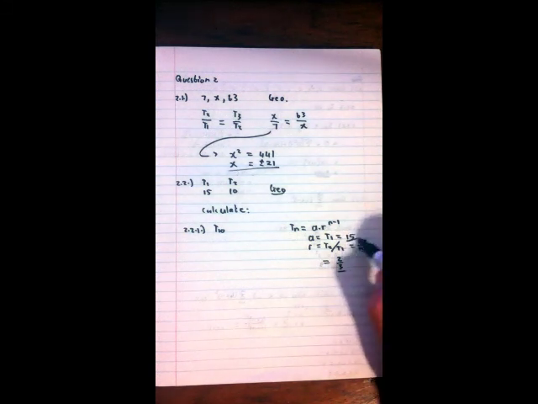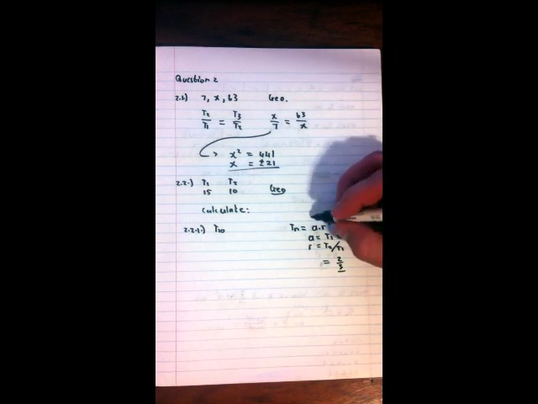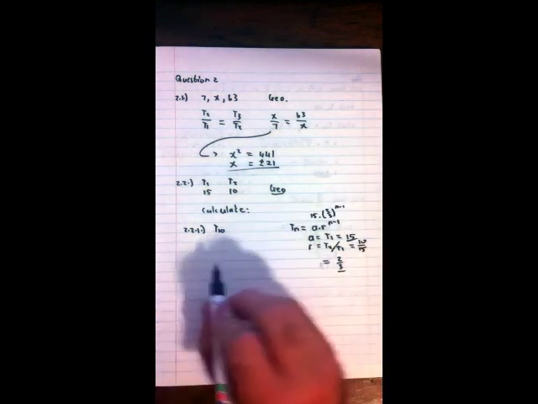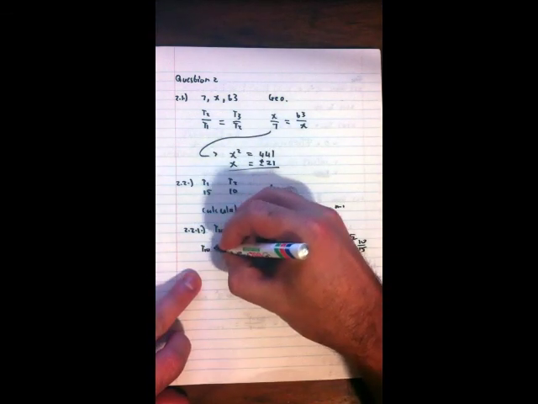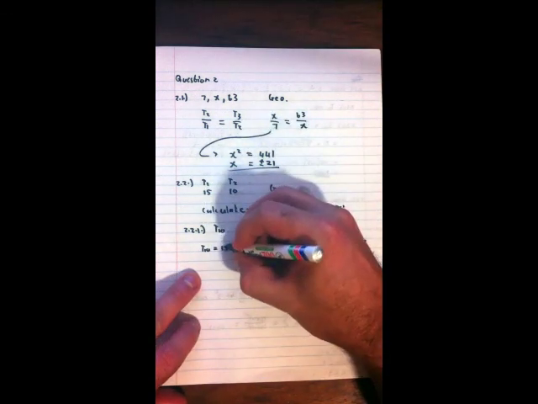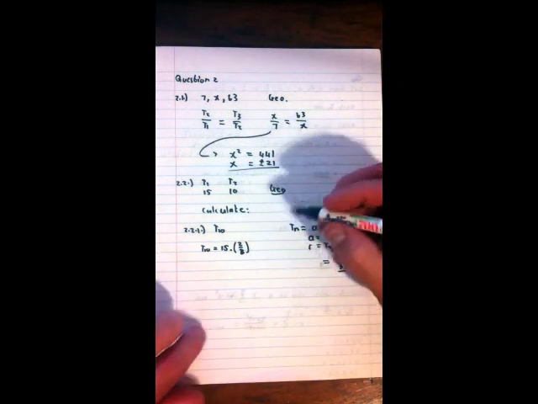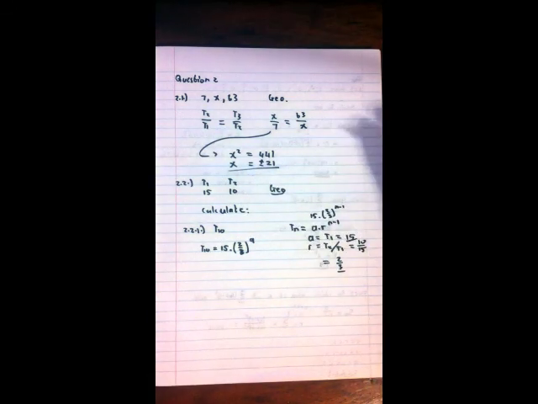So there we've got our r and our a. So Tn equals 15 times r to the power n minus 1. So for term 10 specifically, term 10 is equal to a, which is 15, times r, which is 2 over 3, to the power n minus 1, 10 minus 1, which is 9.